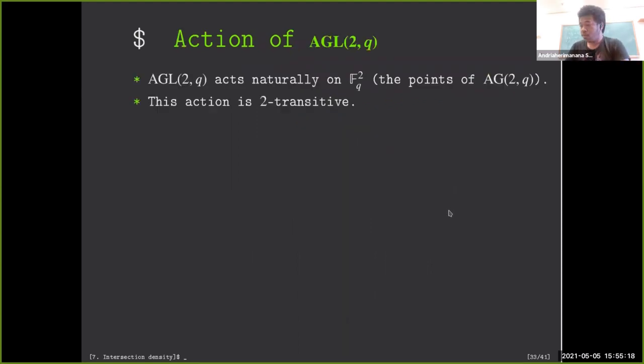AGL_2(q) acts naturally on these vectors, and we can consider them as the points of the affine plane AG(2,q). This action is 2-transitive, so it has the EKR property.